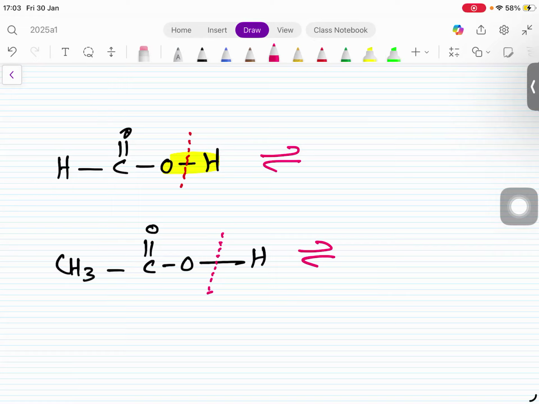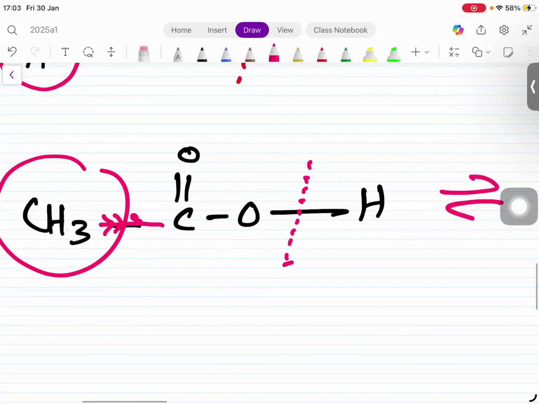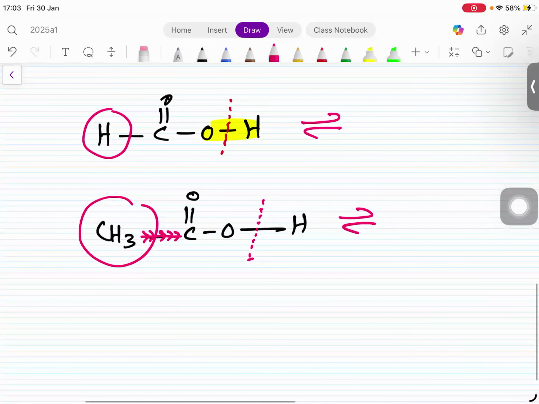In this case, now let's compare. There is a hydrogen and there is CH3 here with CO. Now we all know that CH3 has a positive inductive effect. So it's going to push the electrons towards this, making this bond stronger. OH bond is stronger. So when the OH bond is stronger, there is less ionization.